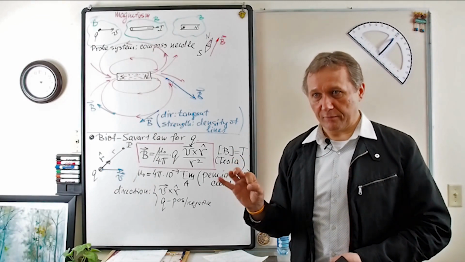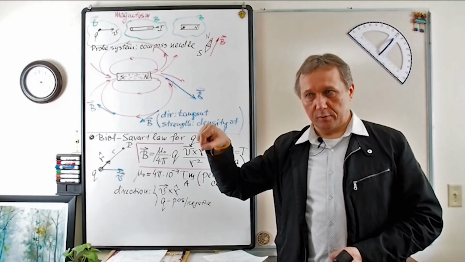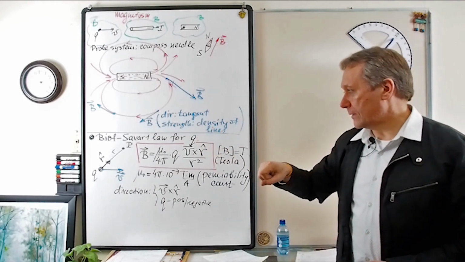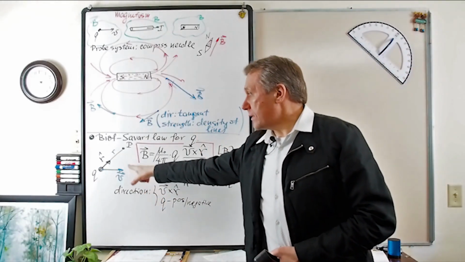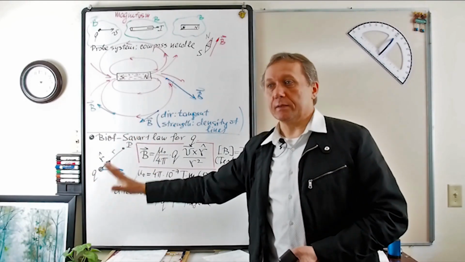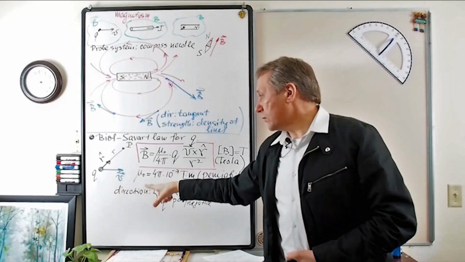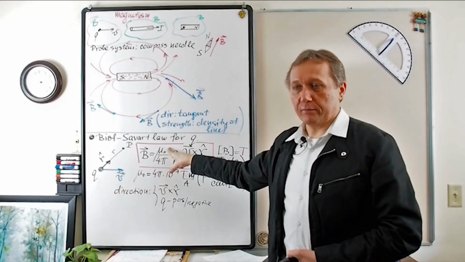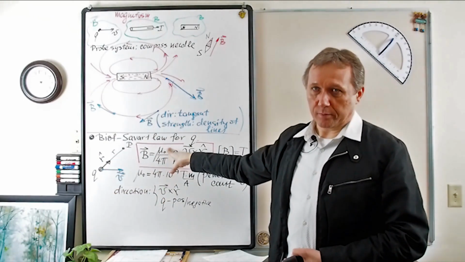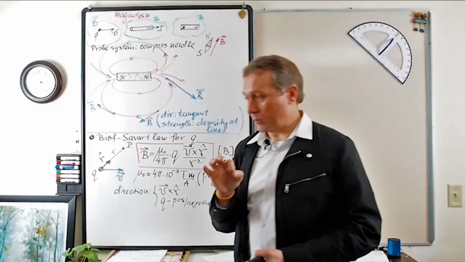The idea is very similar to epsilon naught, the constant in electricity. If this space were filled with some material, not a vacuum, then here we would have a different constant mu, not just mu naught. So mu naught is the magnetic property of a vacuum.